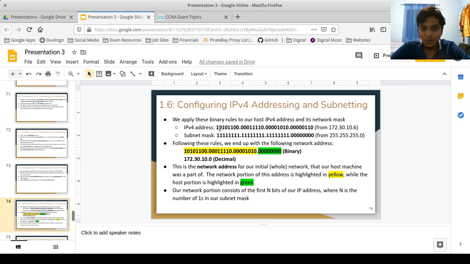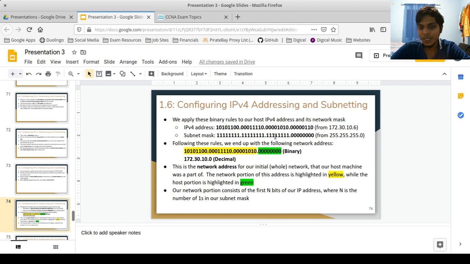So we did 1, we're going down on a line here, right? 1 and 1 is 1, 0 and 1 is 0, 1 and 1 is 1, 0 and 1 is 0, 1 and 1 is 1, 1 and 1 is 1, 0 and 1 is 0, 0 and 1 is 0. And you keep going like that all the way. Draw lines if you have to, and keep ANDing, and you'll get this number here.